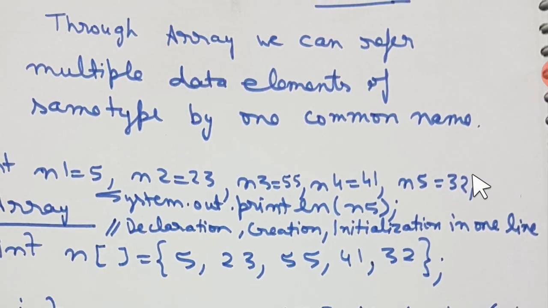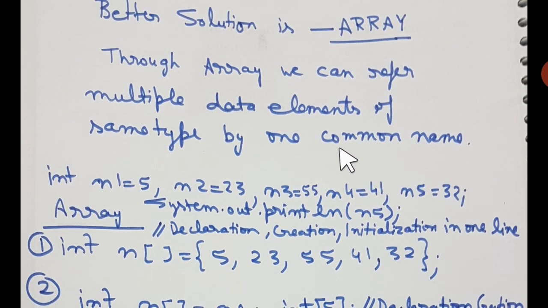Now what is the advantage with the array? That instead of using all these different names, I can have just one name, and I have given the name n. And I have to denote that this is an array, so I have specified square brackets. And here I have taken the data type, which was here also. So this is the int type array. Then the assignment operator.